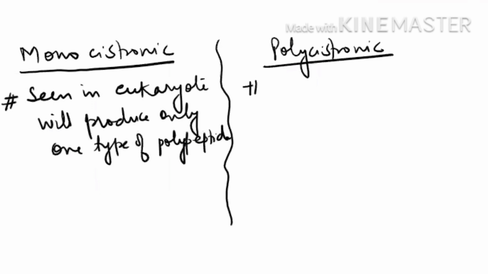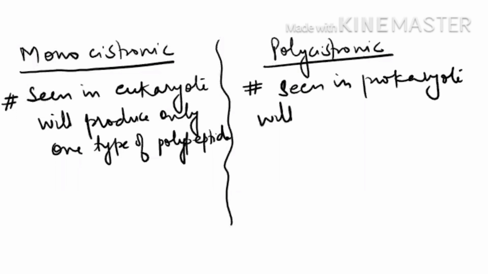And polycistronic structural gene, which is seen in prokaryotes, will produce different types of polypeptide.